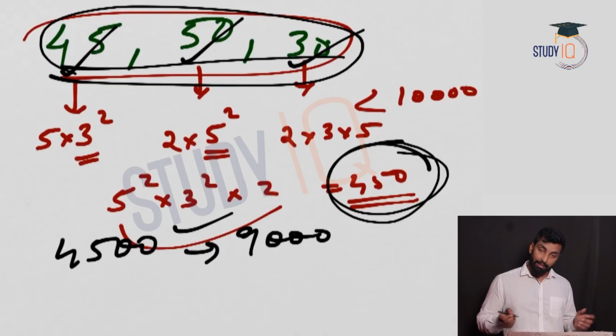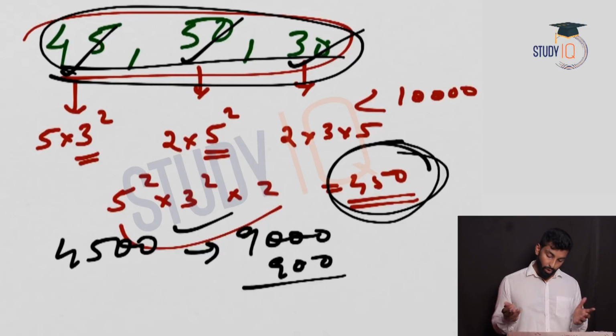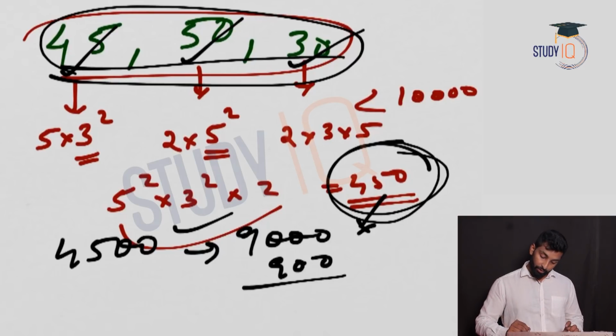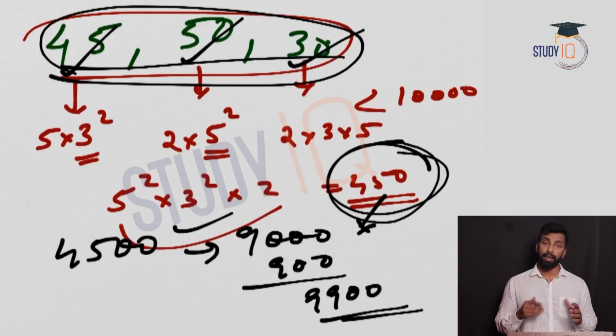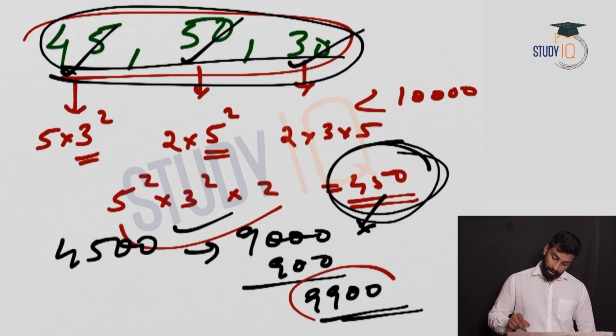So 9000 is there, which means 9900 will be there. Or you can add: 9000 plus 450 is 9450, plus 450 is 9900. So 9900 will be the last possible number. If you add 450 again to get the next term, it will cross 10,000 and be 5 digits. So your last possible such number is 9900.